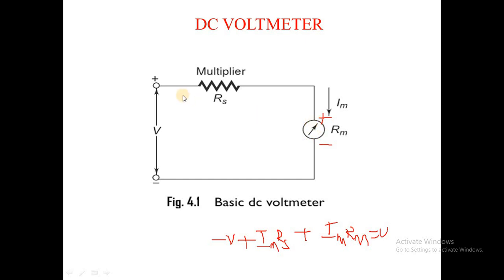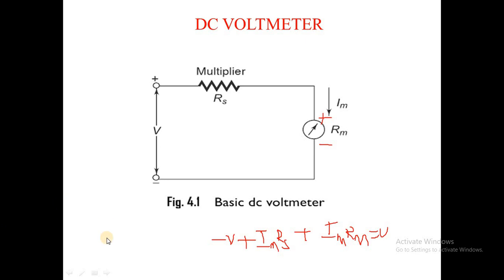If you connect a resistance in series with the PMMC galvanometer, we can obtain the DC voltmeter. Similarly, if you connect the same resistance in parallel with the PMMC galvanometer, we can obtain an ammeter. Okay, it is the DC voltmeter.